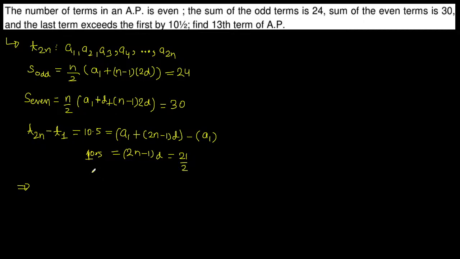So how should we be going? We have multiple variables: sum of even terms, sum of odd terms.